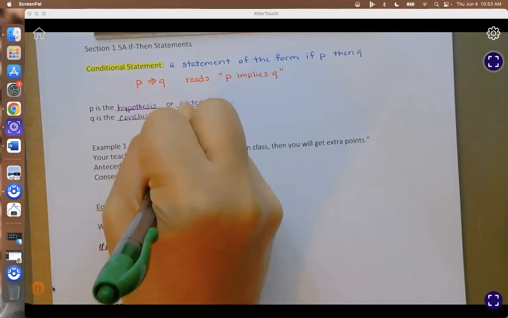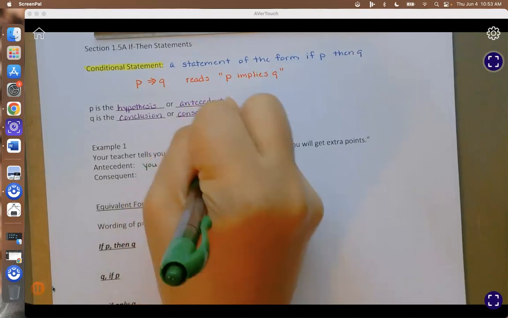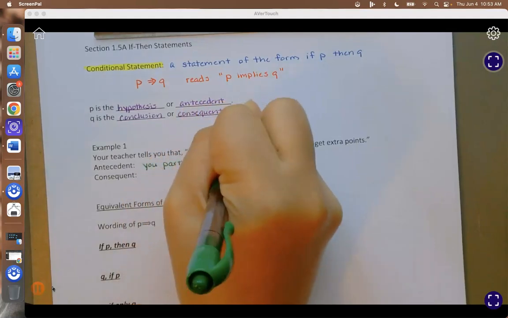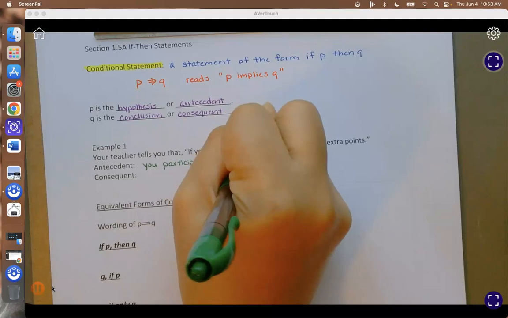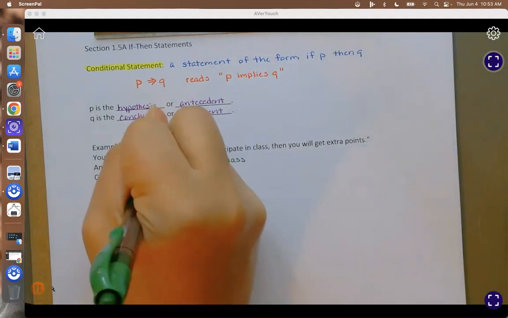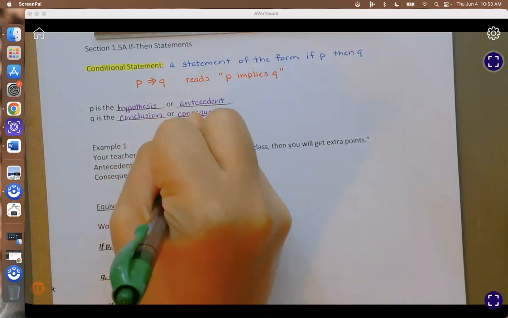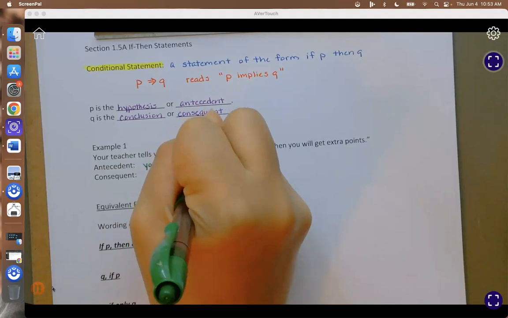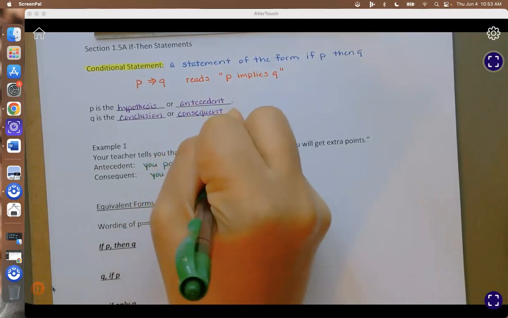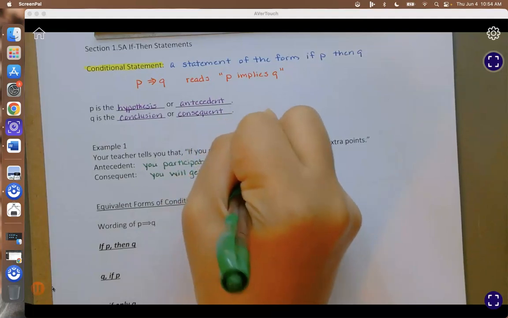So you participate in class. Okay, so the consequent would be you will get extra points.